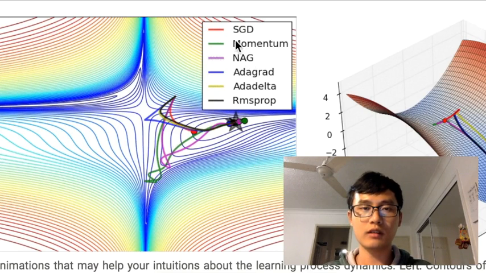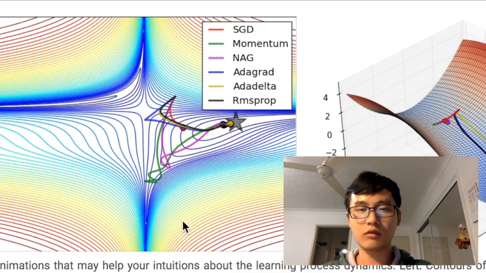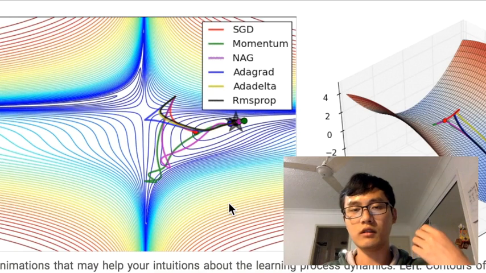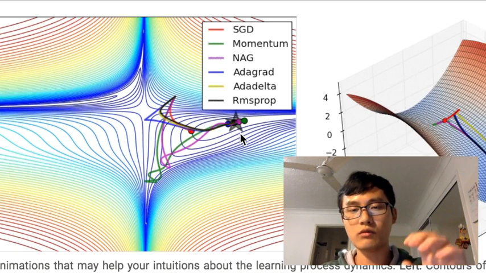This website compares stochastic gradient descent with momentum, with NAG, and other Adagrad, Adadelta, and RMSProp. As you can see, the red color represents higher error, and the blue color represents lower error or loss.